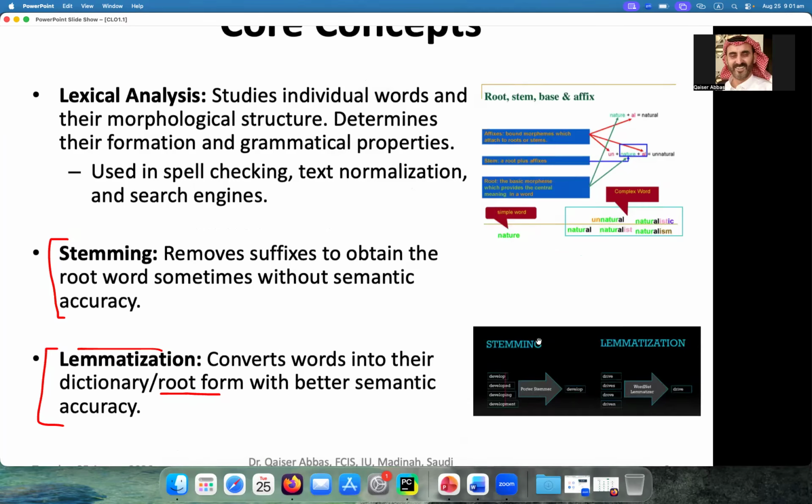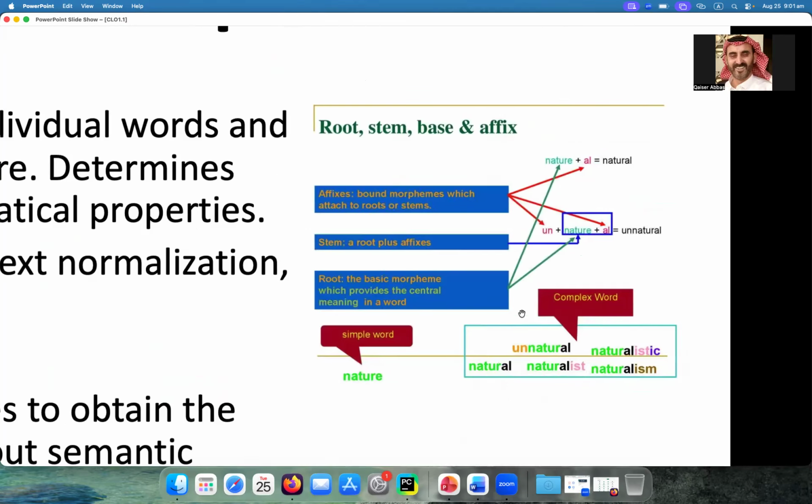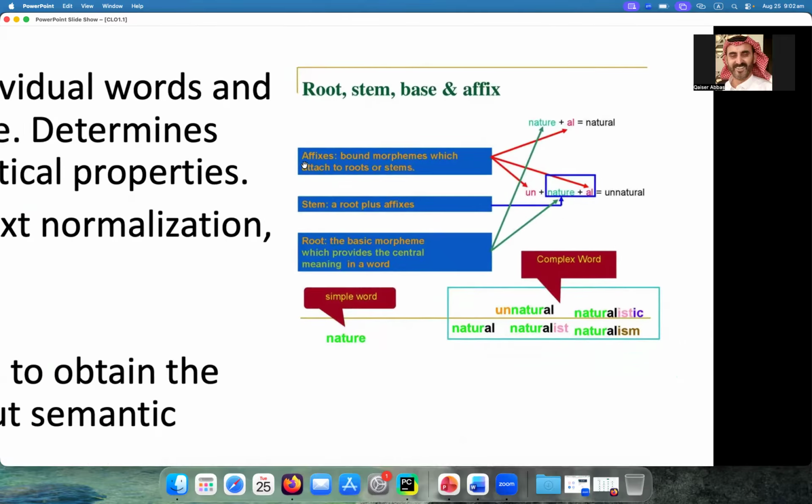Now you will get another term, affix. What are affixes? Affixes include both the concept of suffixes and prefixes. Affixes are bound morphemes which attach to roots or stems.